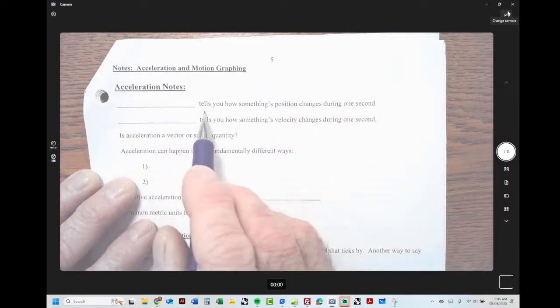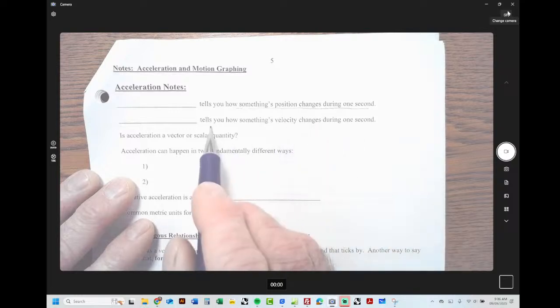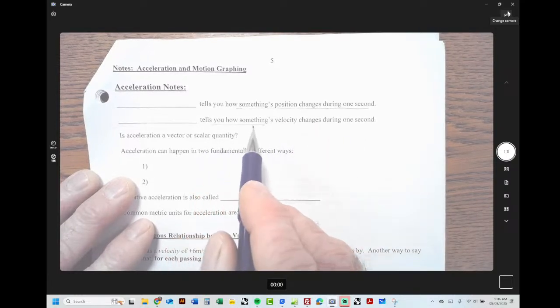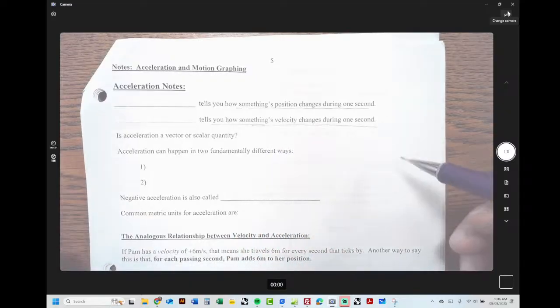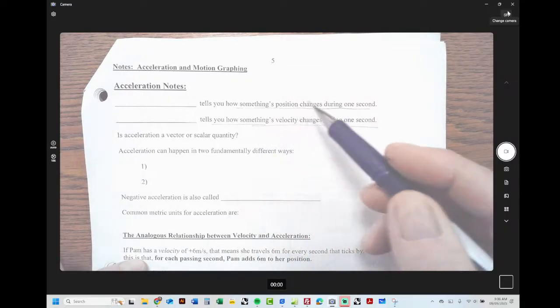So, blank tells you how something's position changes during a second. Blank tells you how something's velocity changes during 1 second. So one of these words I'm looking for is about change in position.